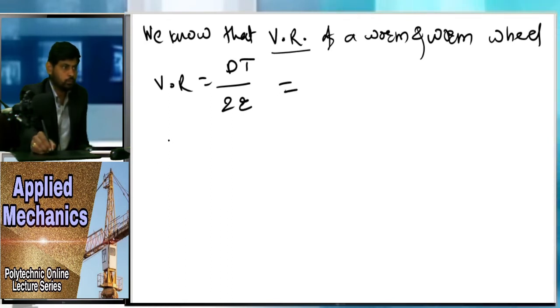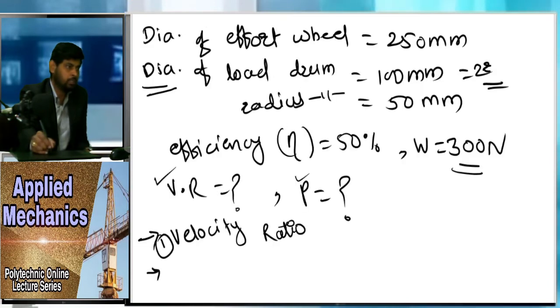Here the value of D is given to us, that is the diameter of the effort wheel, your capital D.